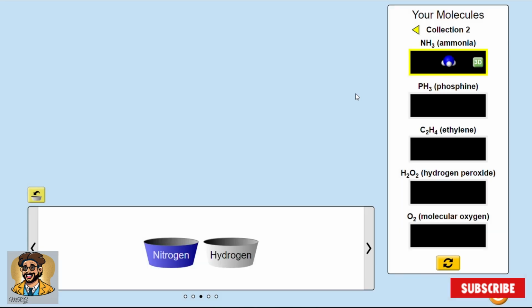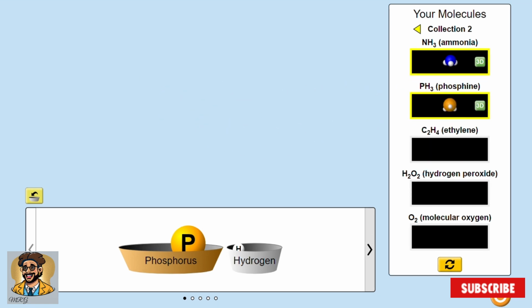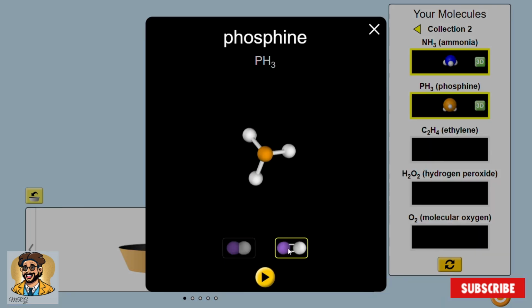The next one is phosphine, and for phosphine we have 1 phosphorus and 3 hydrogens. This one is going to be phosphine. This is the way in which phosphine looks, and if we go to the place, we take it here, guys, then we can see that this is the shape.